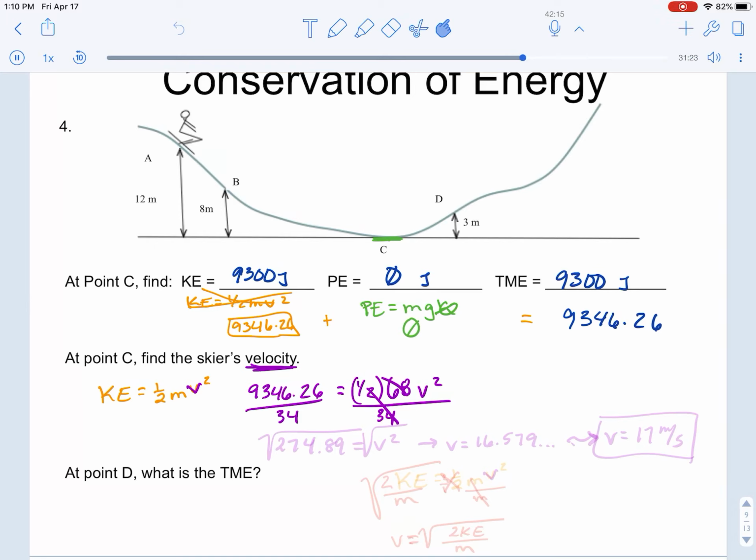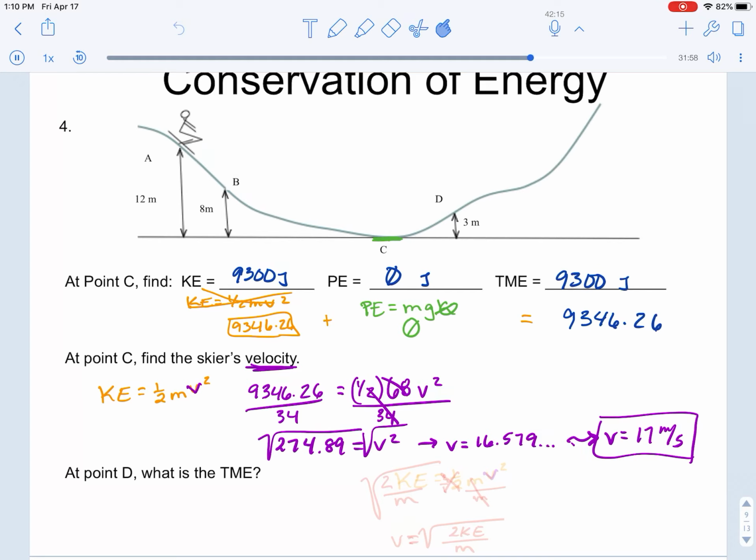And we get 274.89 equals v squared. And then the last thing we have to do is square root. Rounded for sig figs, our velocity at the bottom is 17 meters per second. Okay? That's how you go about answering that question.